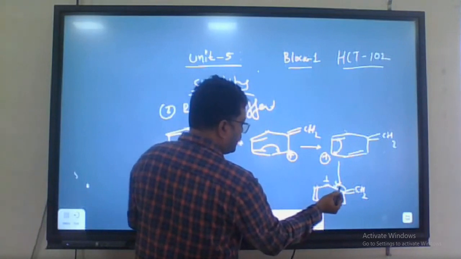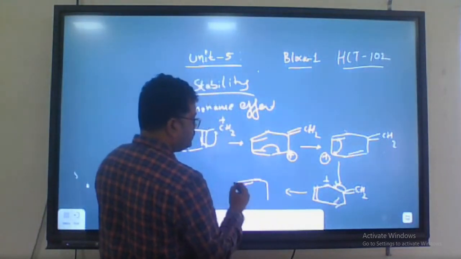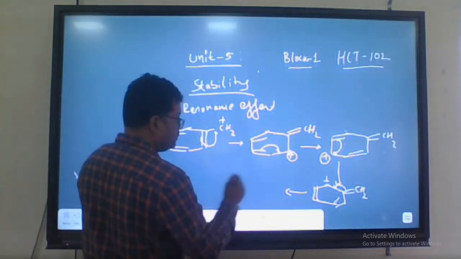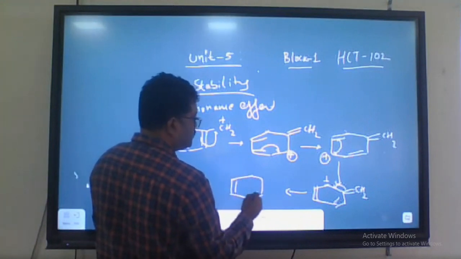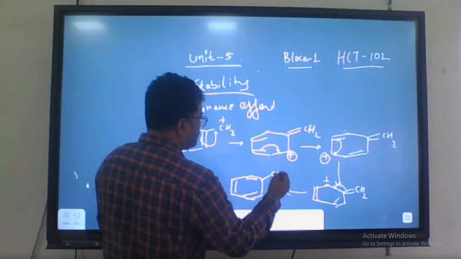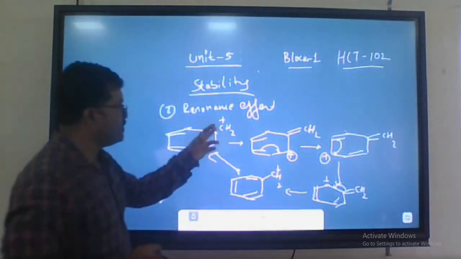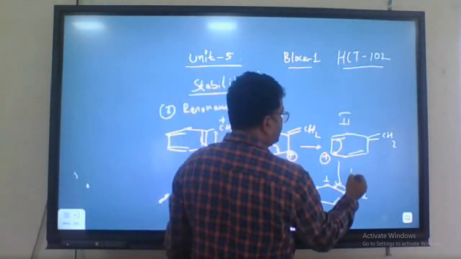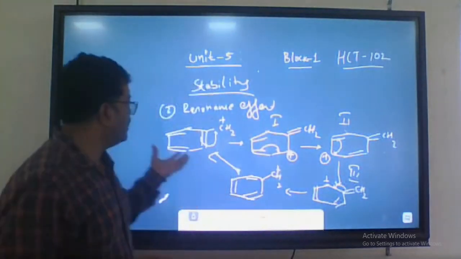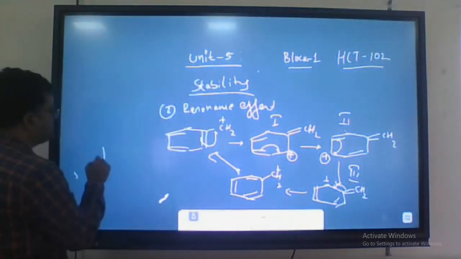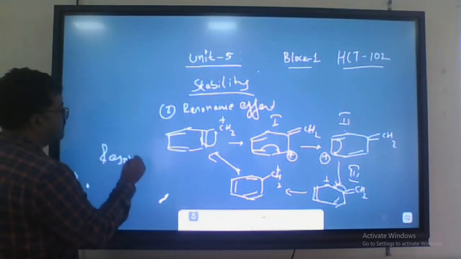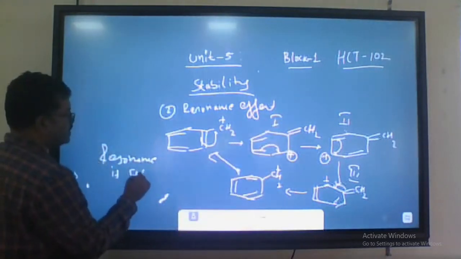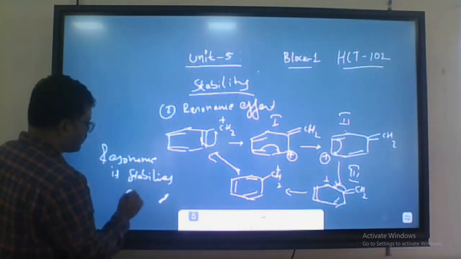Again, this is stabilized. See, the positive charge is stabilized by total three resonating structures. That's why resonance stabilizes positive charge, meaning the carbocation. Resonance stabilizes the carbocation like this.